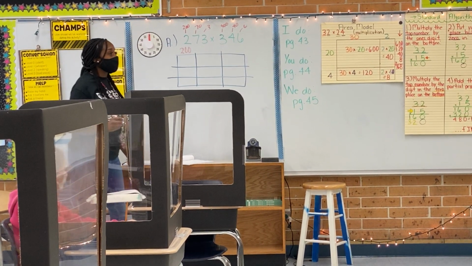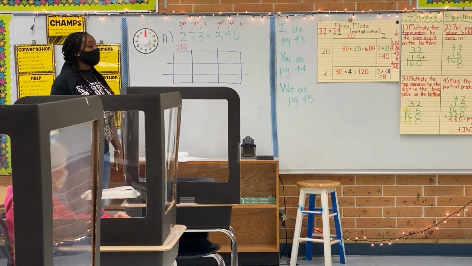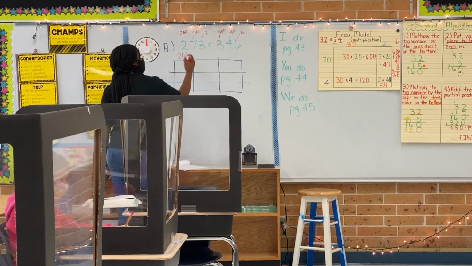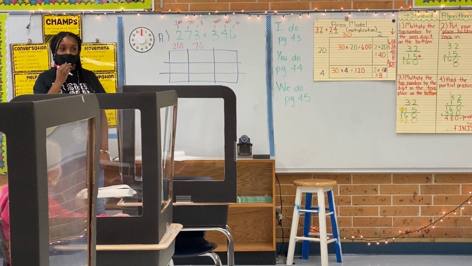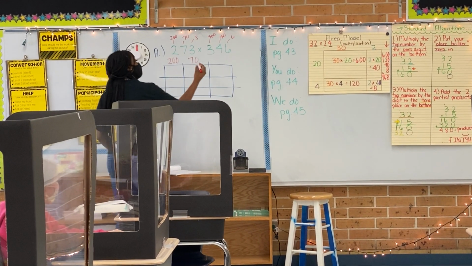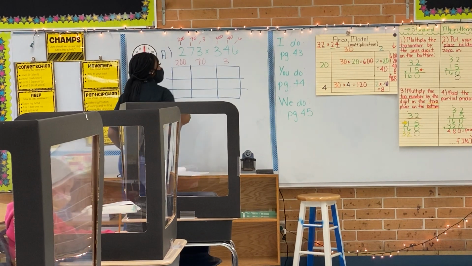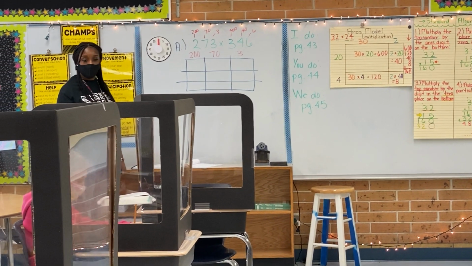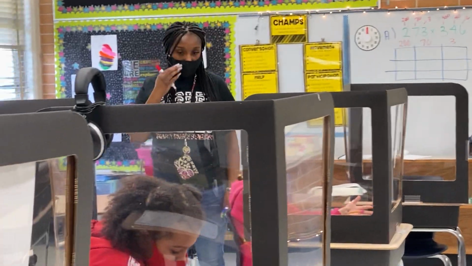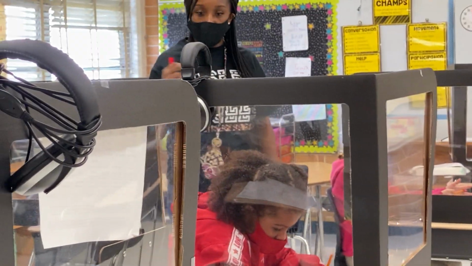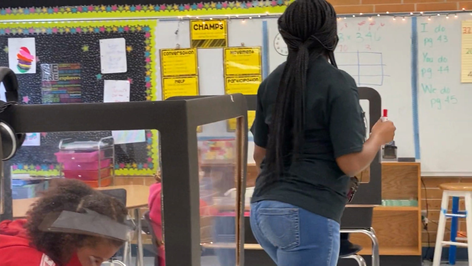Very well. Let's go ahead and put 200 at the top. Then we're going to add in 70. It's a representation of 7 tens. And finally, let's put 3 ones. All right.